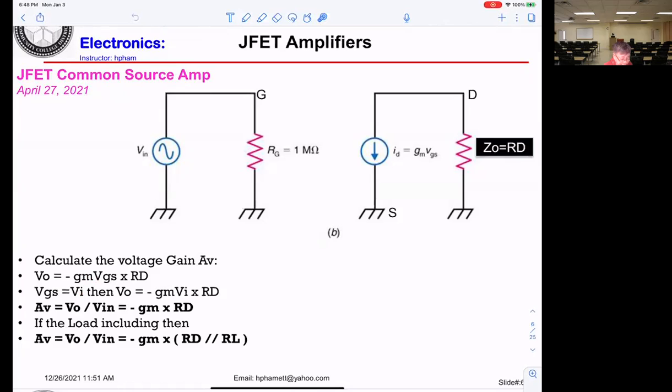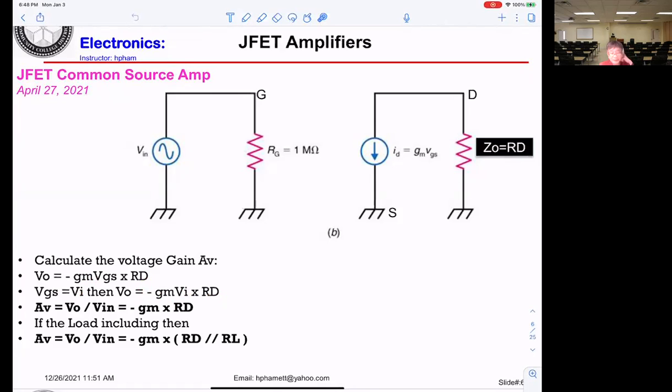Then V out equals GM times V in times RD. Current and voltage are opposite, so that's why you get a minus here. However, for the AC, you're not using the negative.